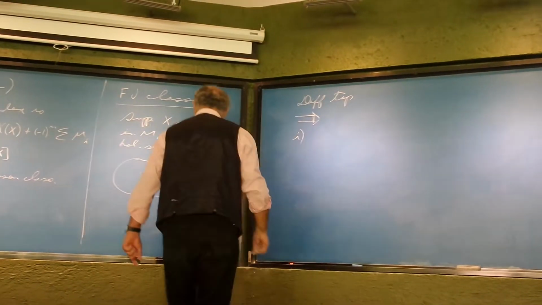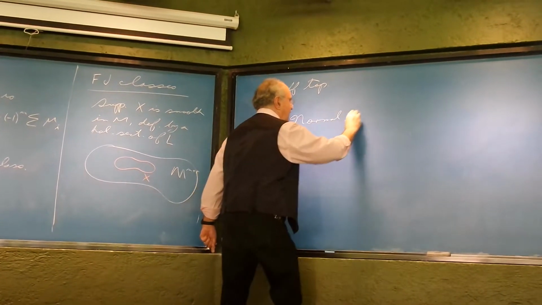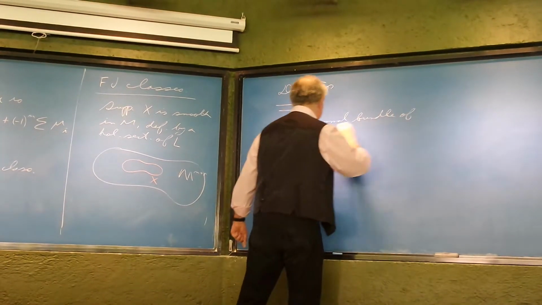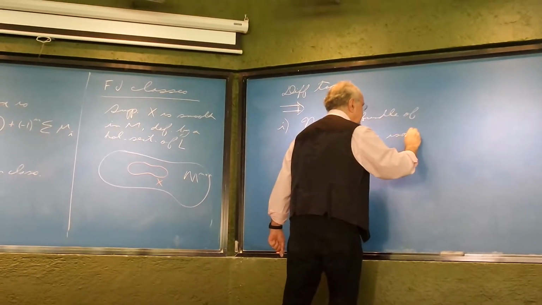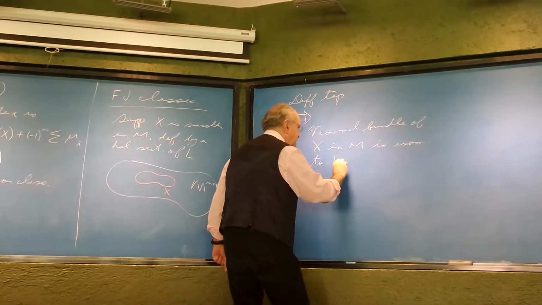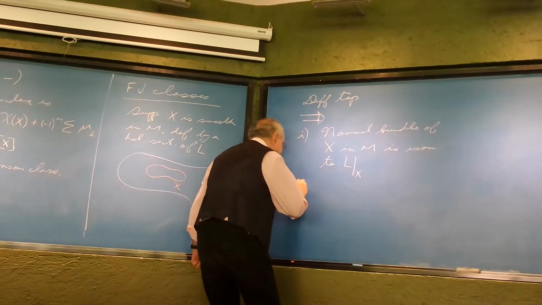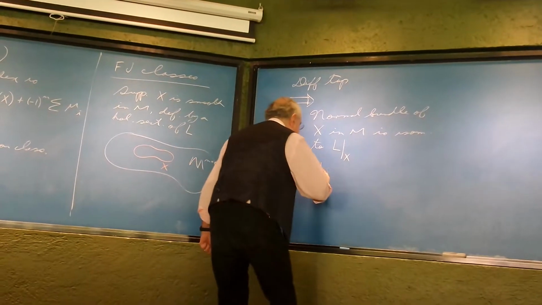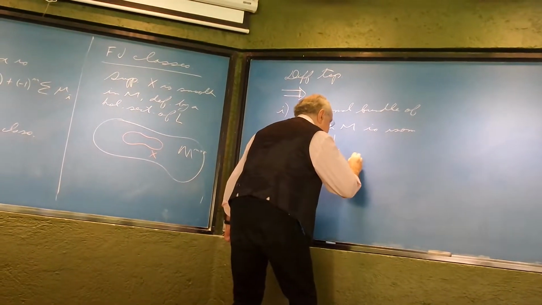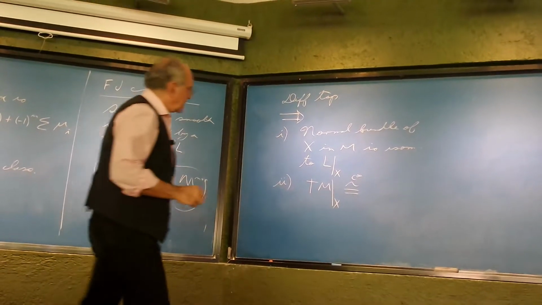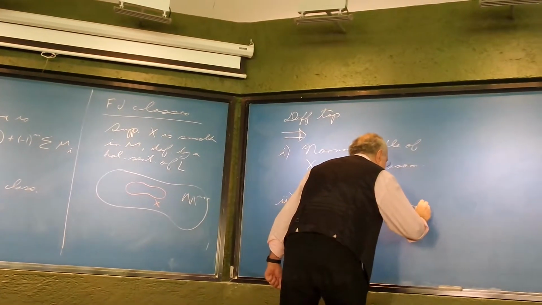One, the normal bundle of X in M is isomorphic to the restriction of L to X. And two, the tangent bundle of M restricted to X splits, C infinity, not holomorphically, as the direct sum of L restricted to X, the normal bundle, plus the tangent bundle of X.